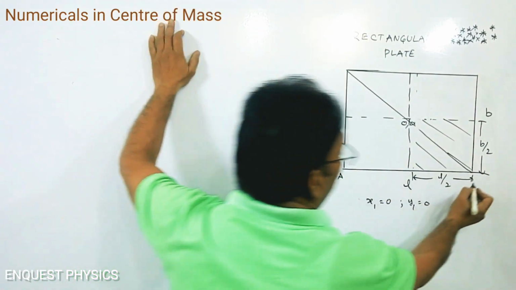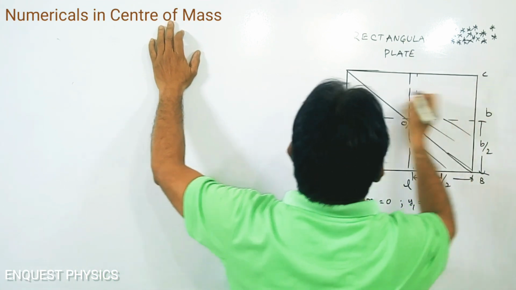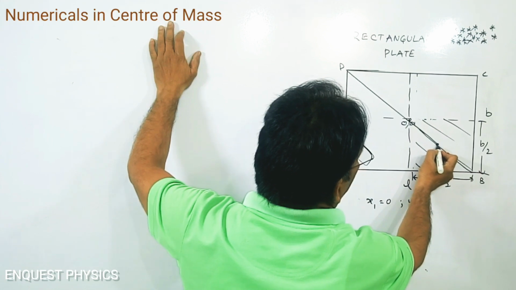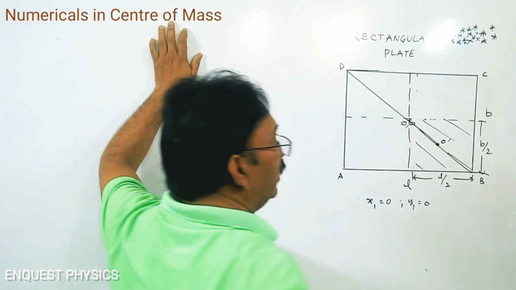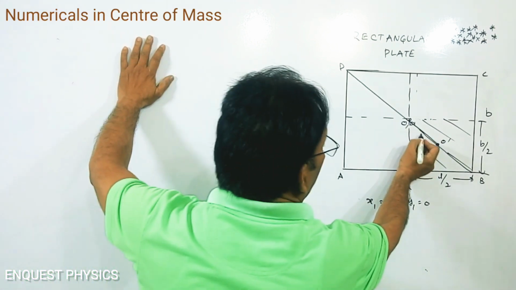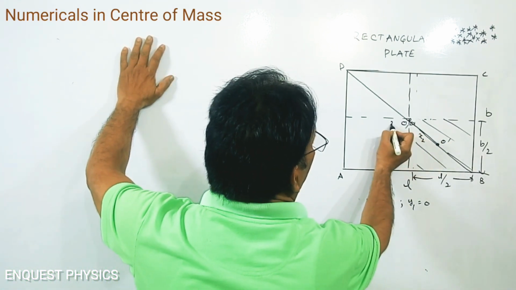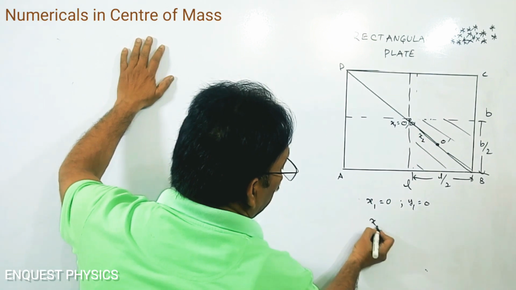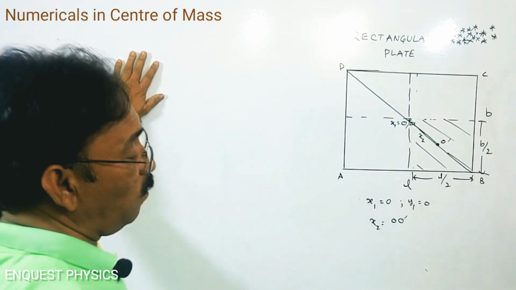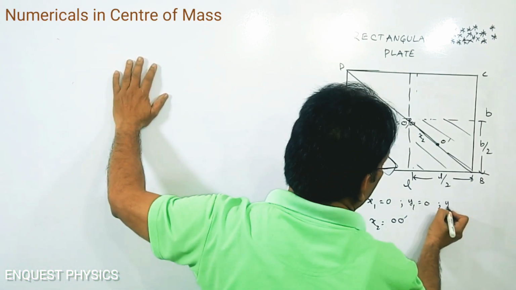Let's name it ABCD, with the center, and the center of mass shifts here, say it is O dash. Again, we have to find out x2. It is x2, students, and that is x1. x2 is equal to O dash, and y2 is obviously equal to 0.